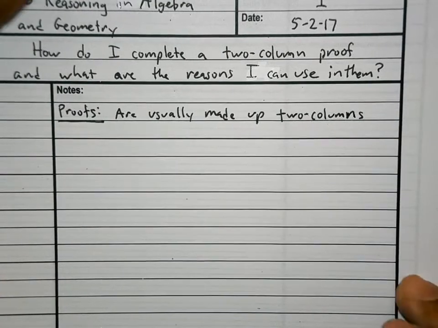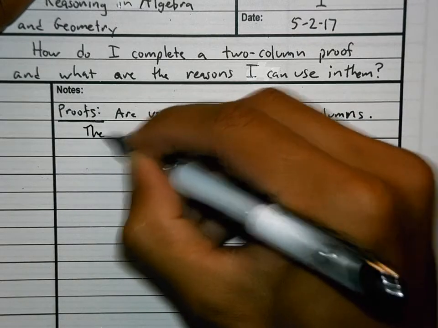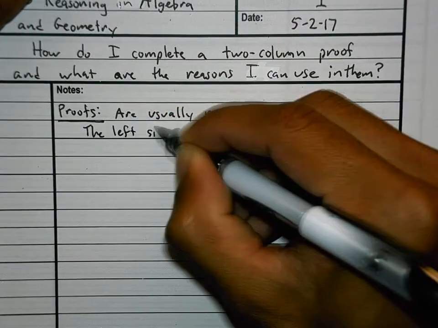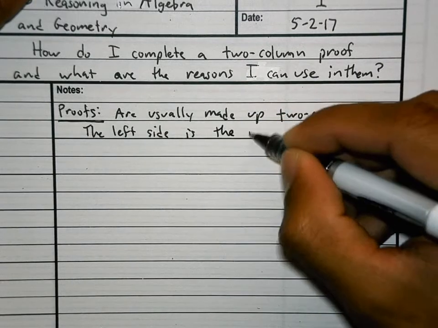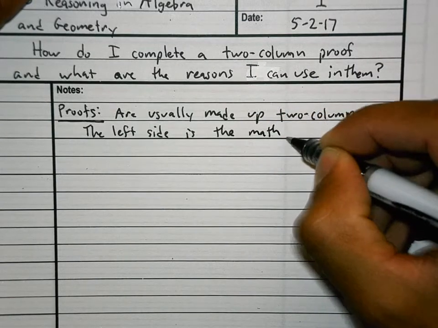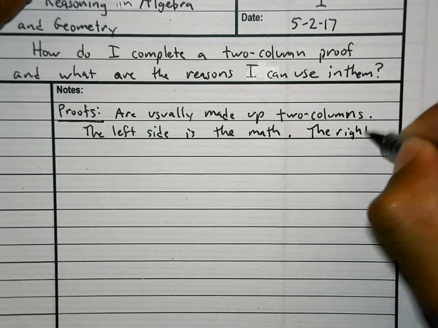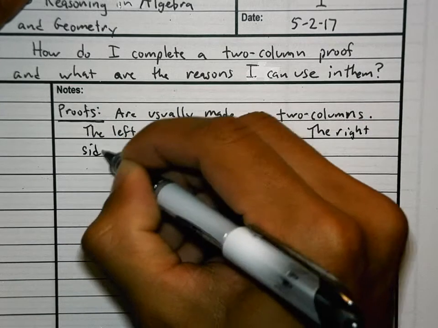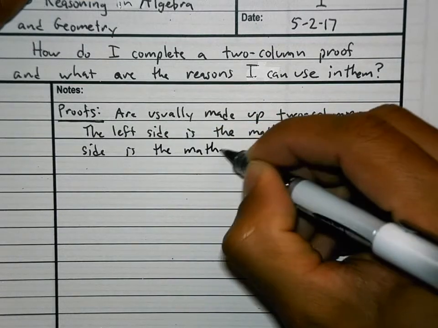Proofs are usually made up of two columns. The left side is the math. The right side is the mathematical reason.